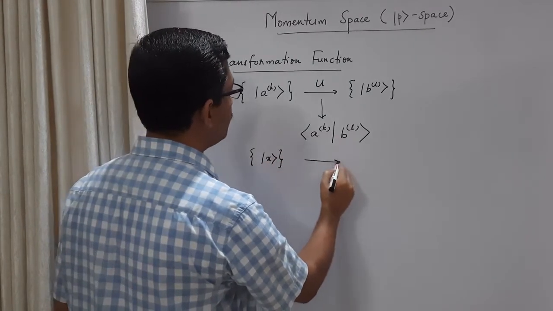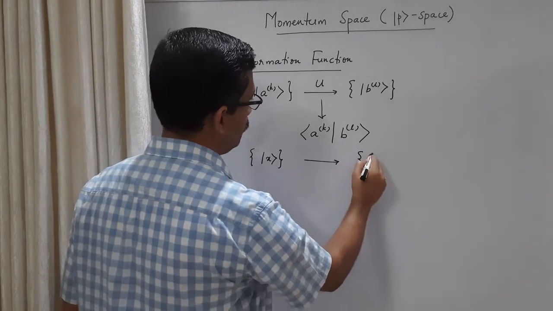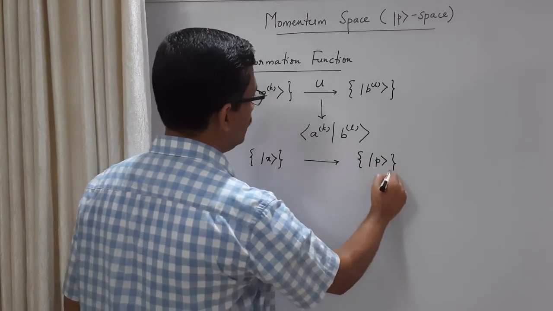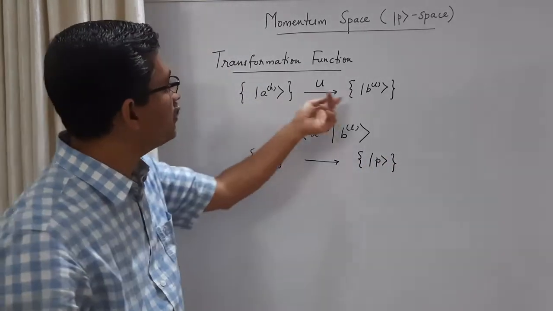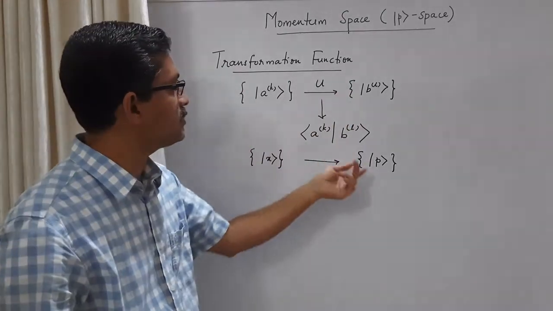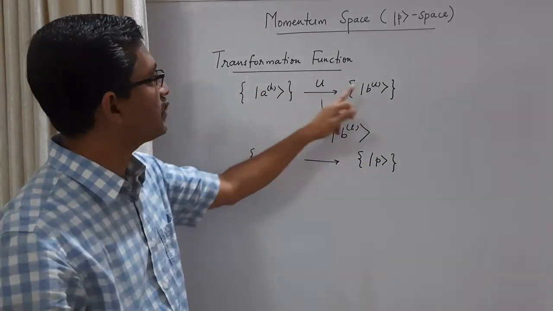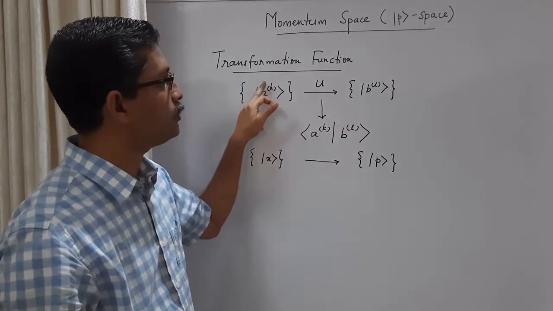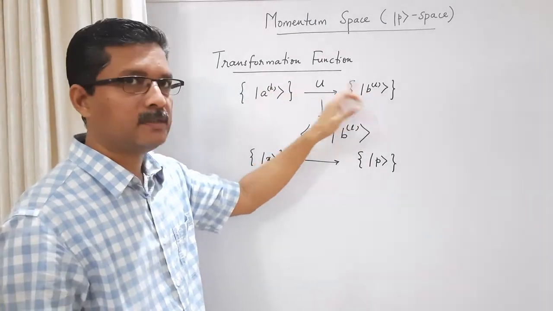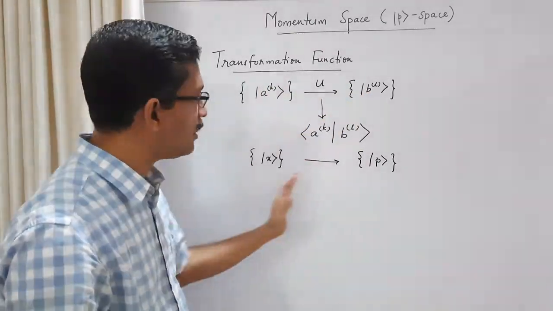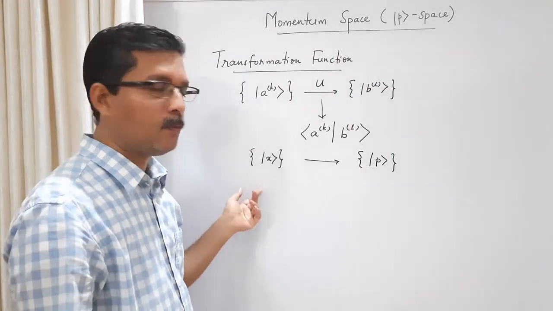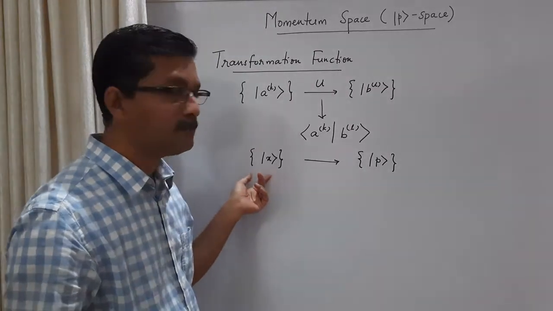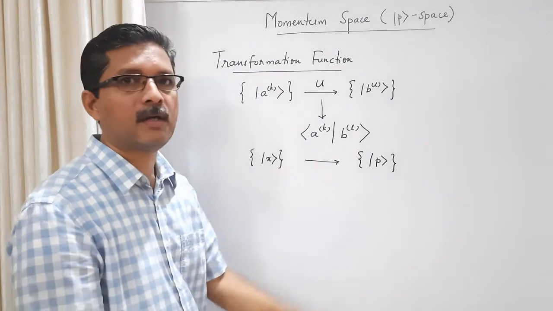Position basis to momentum basis. The difference between these basis sets and this basis set is that these are discrete. You can count them: a1, a2, a3, b1, b2, b3. So these are discrete sets. These are continuous sets. Both the position base kets and momentum base kets are continuous.